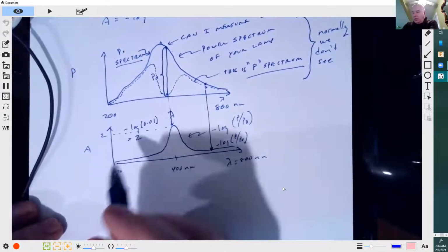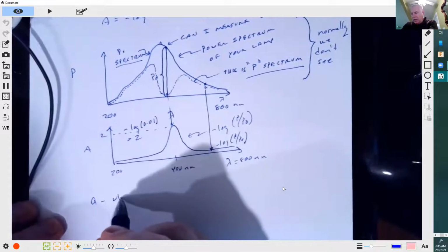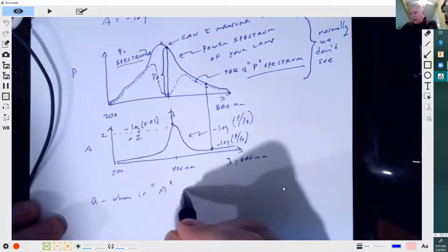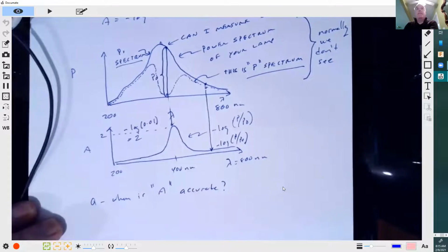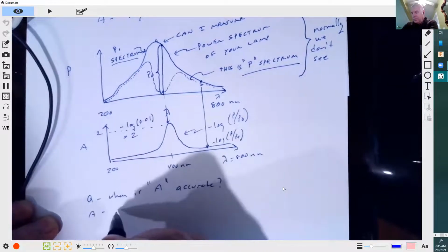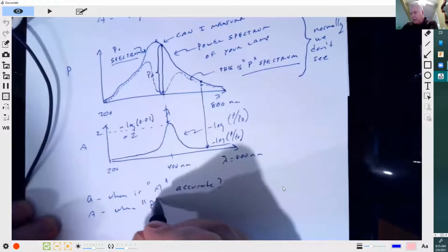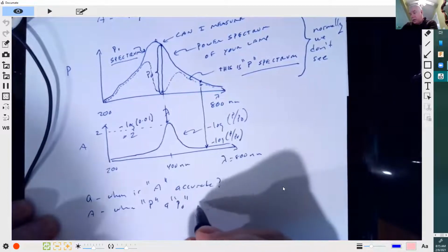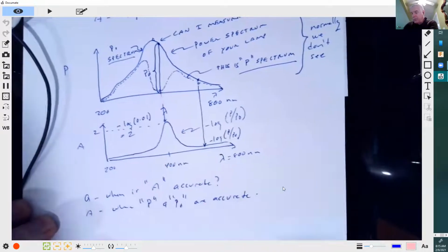So the question is, when is absorbance accurate? And the answer really is when P and P0 are accurate, right?